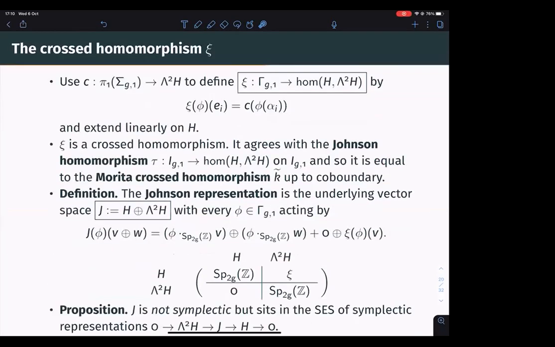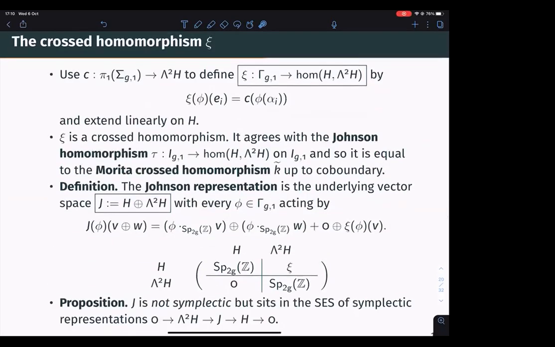Okay, so now I will use this content to define a function from gamma_g^1 to homomorphisms from H to Lambda^2 H. I want you to think of H as generated by y_i's and Lambda^2 H as generated by x_i, x_j wedges. Okay, so what do we do? Oh, sorry, this had to be y_i.